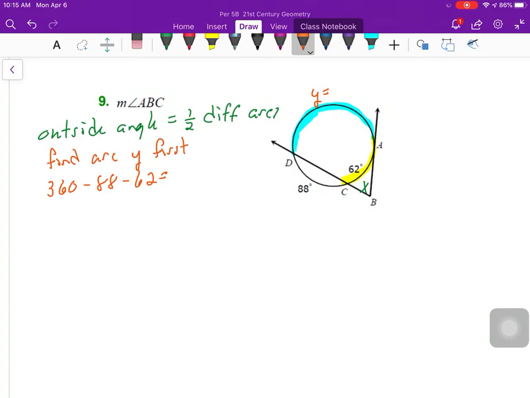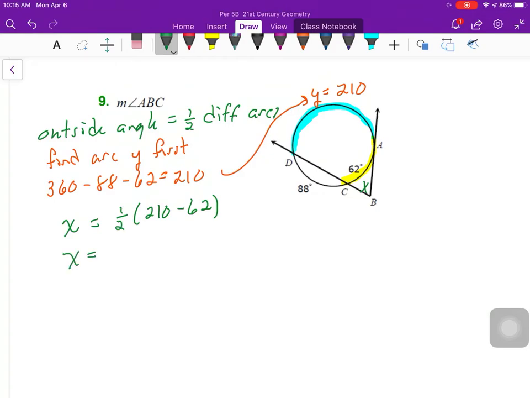Well, we'll do that by taking the full circle, and we'll subtract 88, and we'll subtract 62. 210. And then we can just set it up.